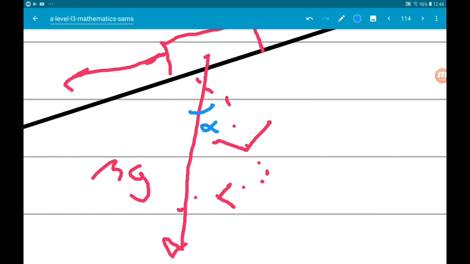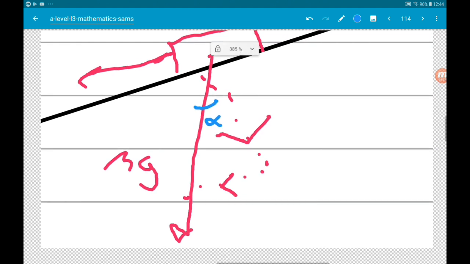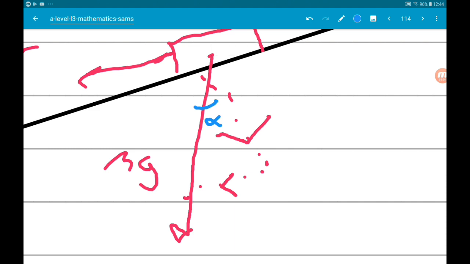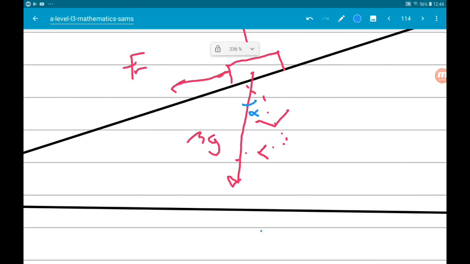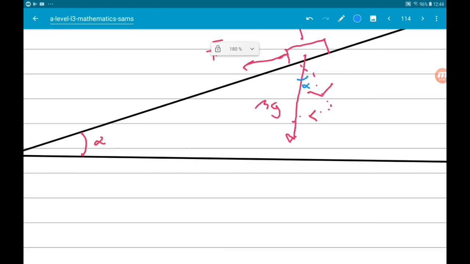Now we can use SOHCAHTOA to find these other two vectors. Before we do that, I'm going to work out what sine of alpha and cos of alpha each are.